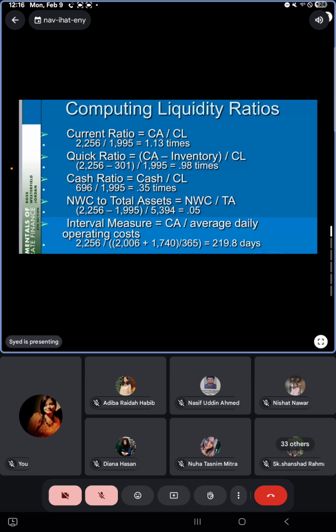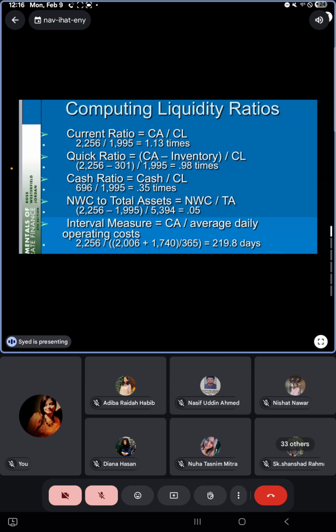And then it will be divided by the total asset in order to calculate the net working capital to total asset ratio. So 2256 is the current asset, 1995 is the current liability. If we deduct 1995 from 2256, that will give us the working capital. And then divided by the total asset, that is 5394. This will give you the net working capital to total asset ratio, and that is 0.05. Just like the other ratios, this ratio can also be measured in times, or in currency.